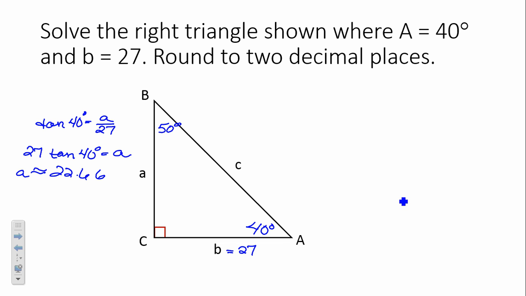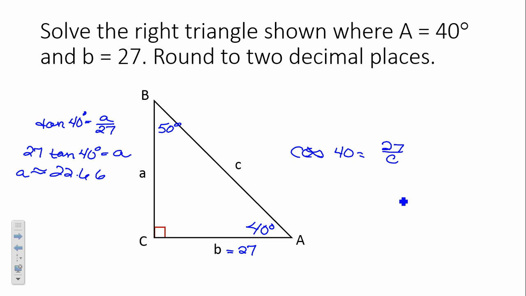All right, so how would we find C? We could use the Pythagorean theorem, hoping that our A is exactly right. Absolutely. Or we could say this is a hypotenuse and I've got an adjacent to 40, so cosine of 40 is the adjacent over the hypotenuse.